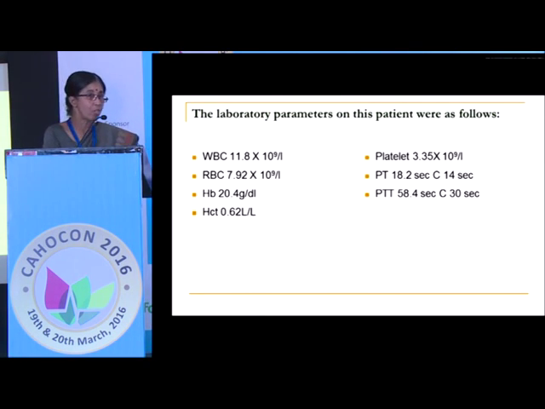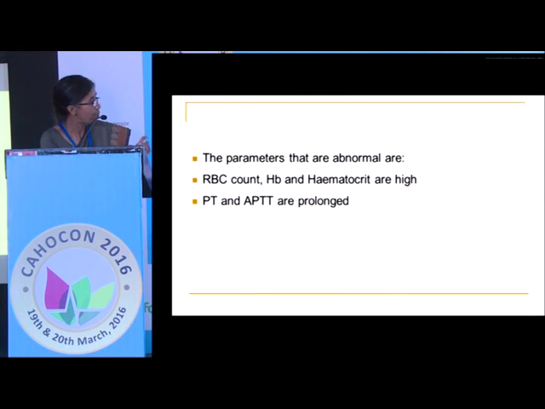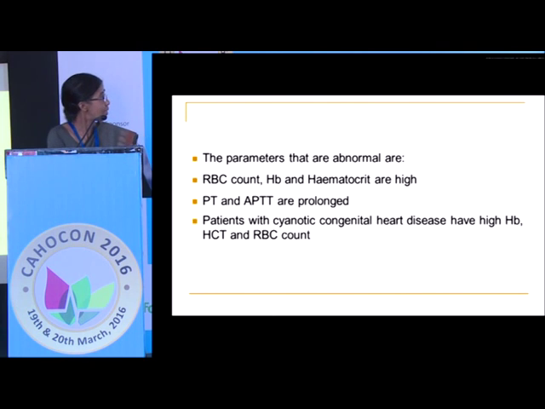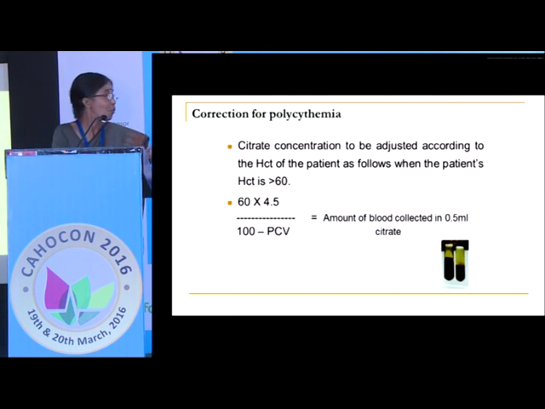I would like to draw your attention to the fact that some of the test results are abnormal, and therefore, in this case, the prothrombin time and APTT were prolonged. And we realized that it's spurious only because his hemoglobin and red cell count was very high. So we need to take a correction factor for high hematocrit, adjust the volume of anticoagulant required, and repeat the test only to ensure that the test results are normal.